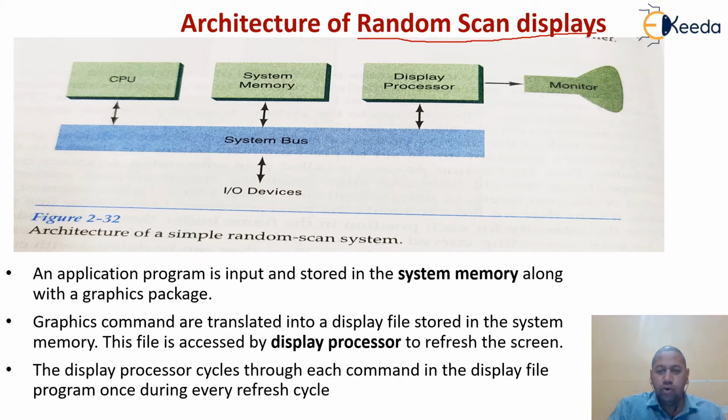This is my monitor screen, where whatever I want to display appears. I have all the IO devices connected to the system bus. Here I may not require a separate video controller, which is there in the raster scan display. I do not require the frame buffer which is there in the raster scan display.